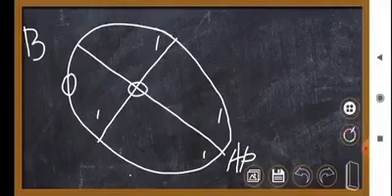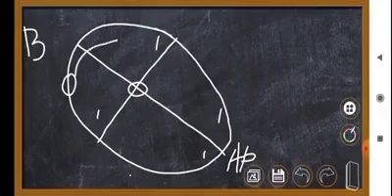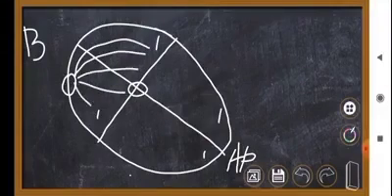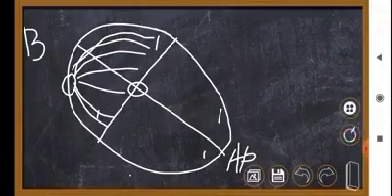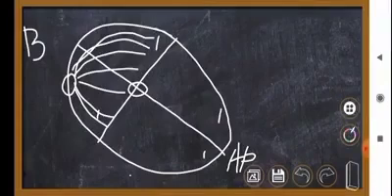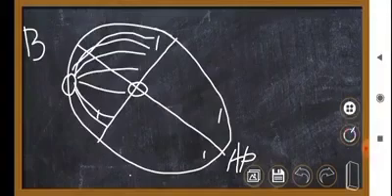So it starts from the sinoatrial node, from where the electrical impulse gets started. It fires here and spreads throughout the atria and then reaches the AV node. The AV node, in normal circumstances, is the only connection between the atria and the ventricles if we talk about the electrical impulse.